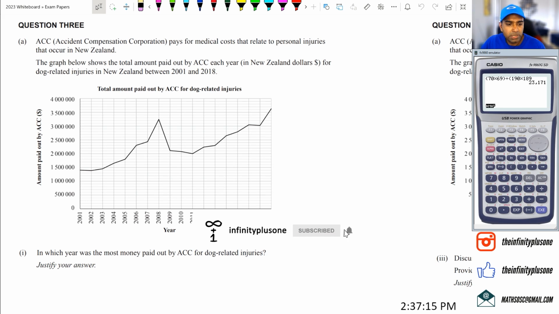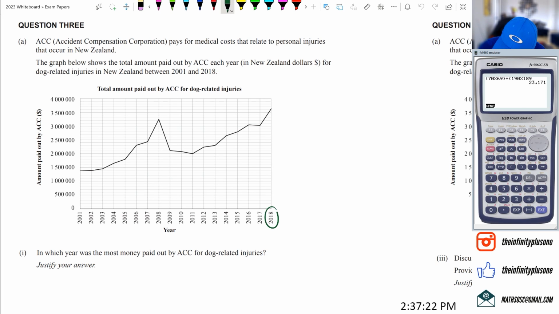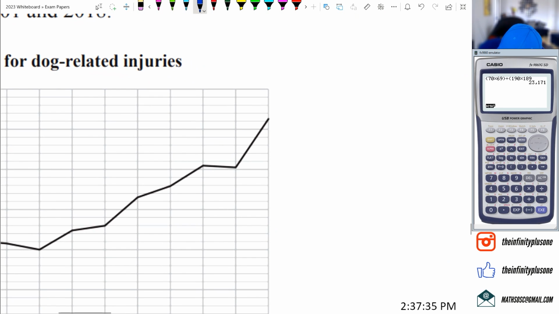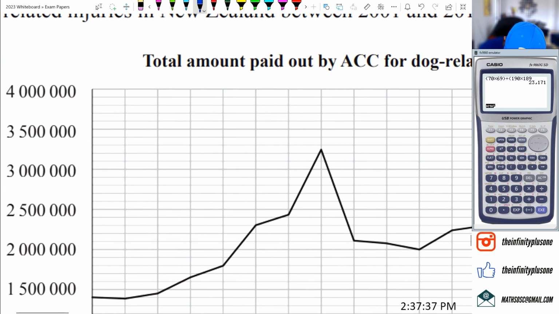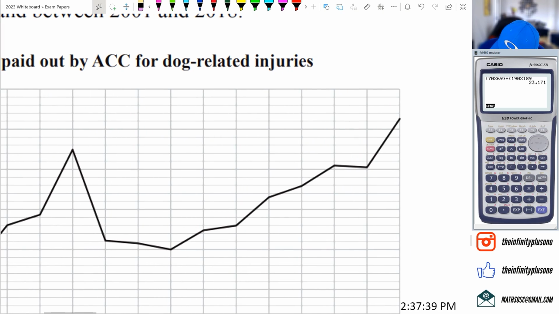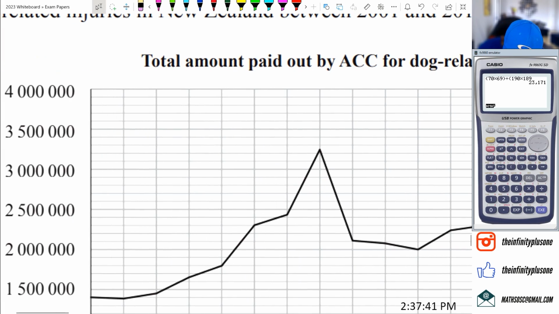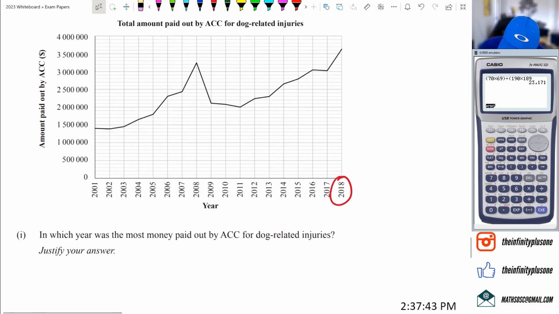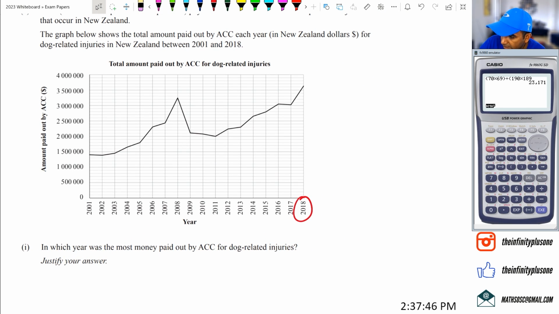So question 3, part 1 is asking which year was the most money paid out by ACC for dog related injuries, which we can see it's this year. So we're going to write down 2018, and we probably want to write down how much the answer is as well, somewhere around 3,600,000.